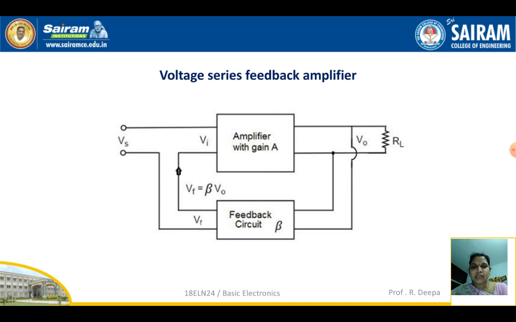From the feedback circuit, the feedback output signal Vf is fed to the input terminals, where Vf is equal to beta into V0. Here you can observe that the input voltage Vs and the feedback signal are in phase, so the feedback is fed in series to the input terminal as Vi.